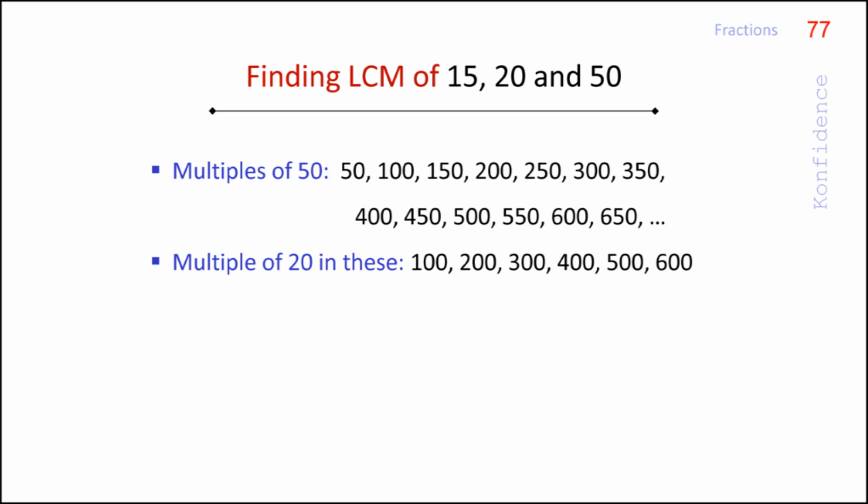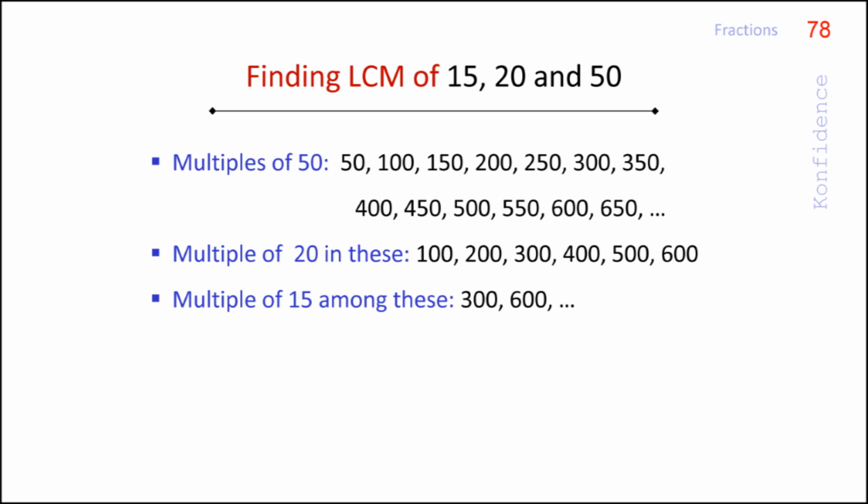So what we do is to look at the multiples of 100. Keep in mind, all multiples of 100 will be multiples of 20 and 50 because 100 is a multiple of both 20 and 50, and there will not be any common multiple of 20 and 50 between multiples of hundreds.